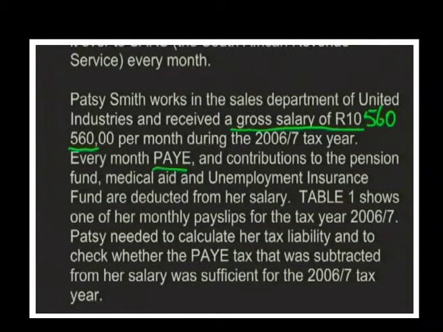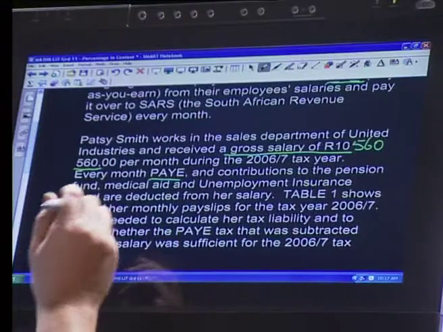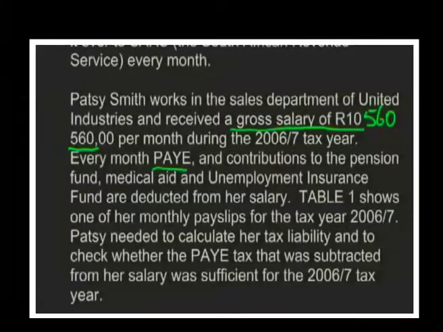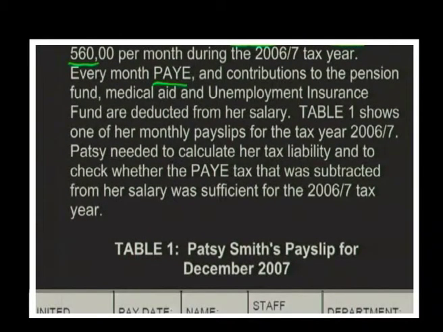Gross salary means the salary before all the deductions. Table 1 shows one of the month's pay slips for the tax year 2006-2007. Let's finish reading. Patsy needed to calculate her tax liability, that is, how much tax she has to pay, and to check whether the PAYE tax subtracted from her salary was sufficient for the 2006-2007 tax year.